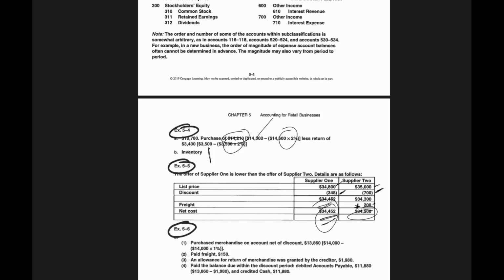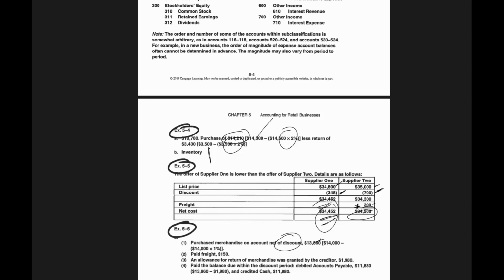Well, they bought merchandise on account net of the discount. Net of the discount, there's 1/10 net 30. So we have to figure out by adding 1% back exactly what is the cost of the inventory. In this case, $13,860, or a gross amount of $14,000.